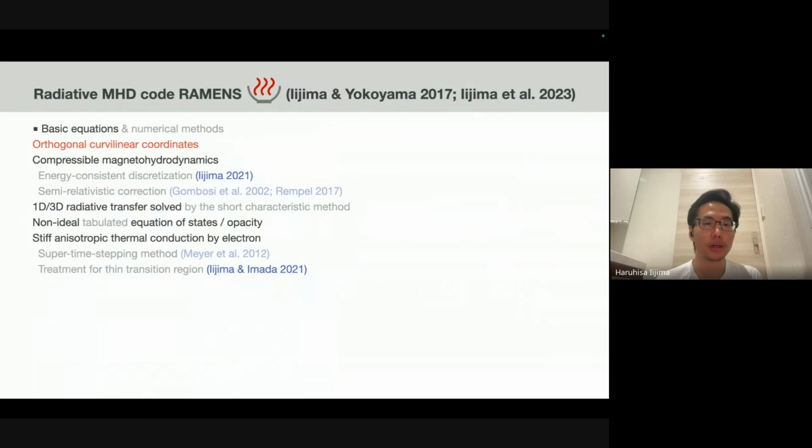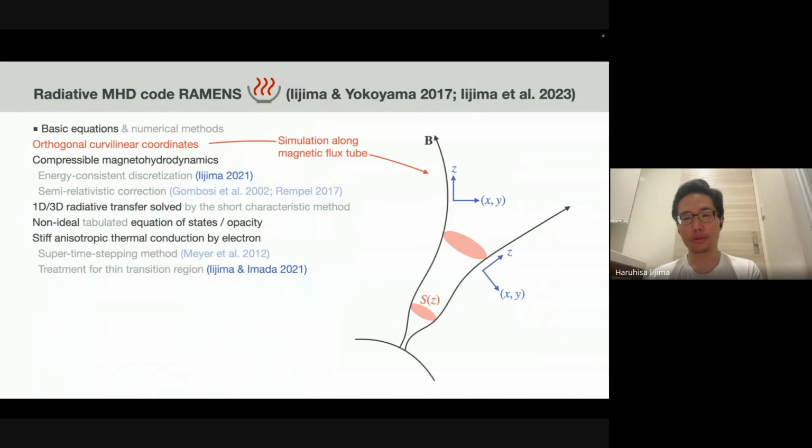But the most unique point of our code is that we can simulate in an orthogonal curvilinear coordinate. This enables us to simulate the solar atmosphere along the expanding magnetic flux tube, like the right figure, from the upper convection zone into the higher layers of the solar atmosphere.